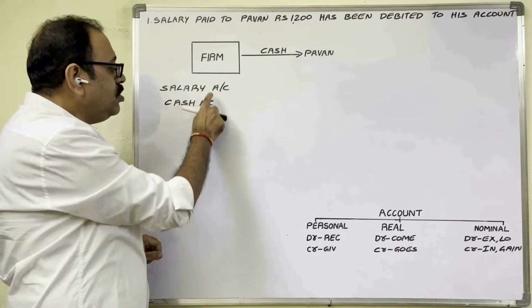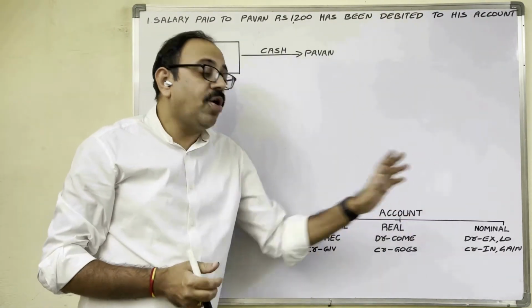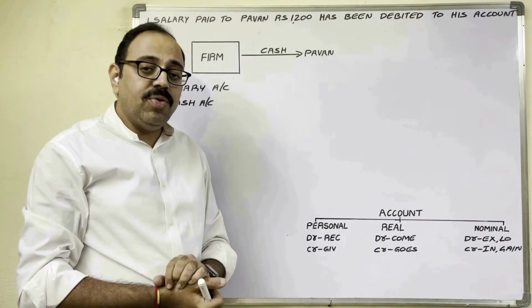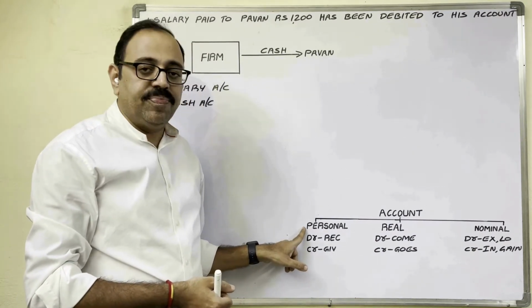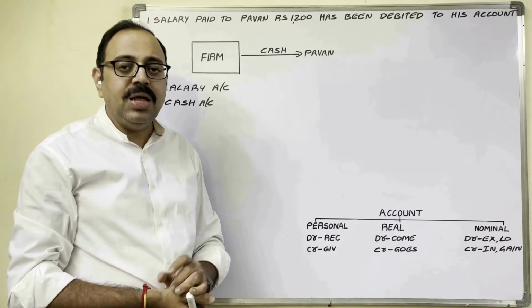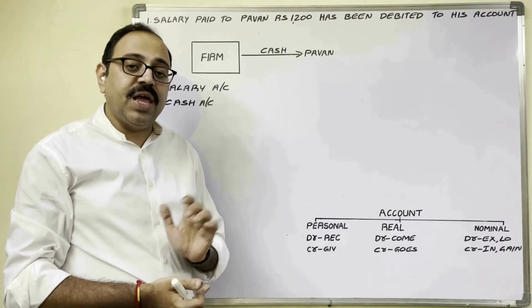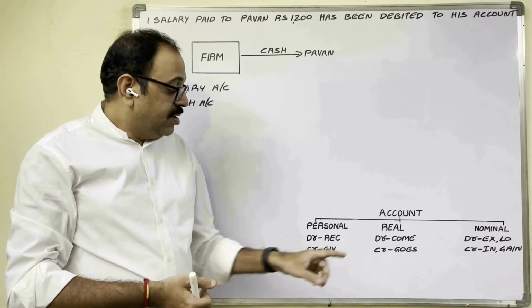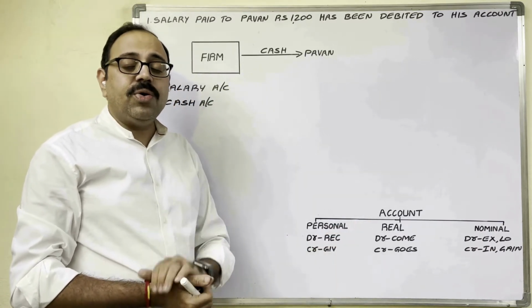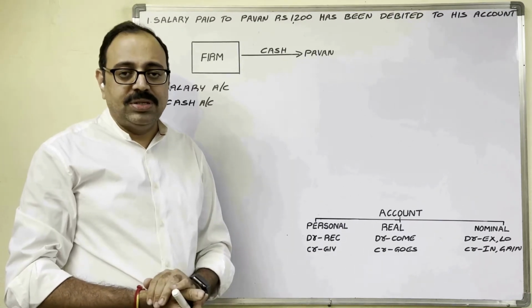Then, accounts are of three types: personal accounts, real accounts and nominal accounts. If any account is opened with a person's name or firm's name, it is a personal account. For example, Rama account, Krishna account, State Bank of India account, etc. Real account: if any account is opened with an asset name, it is a real account.